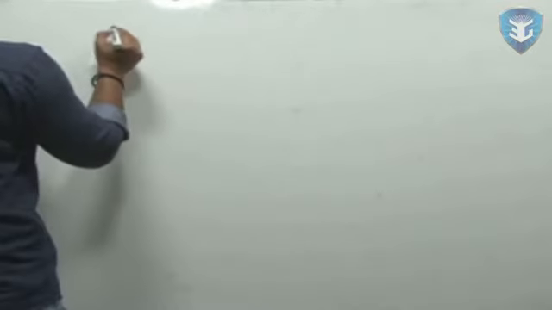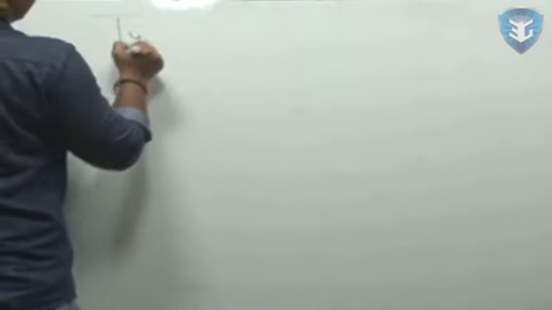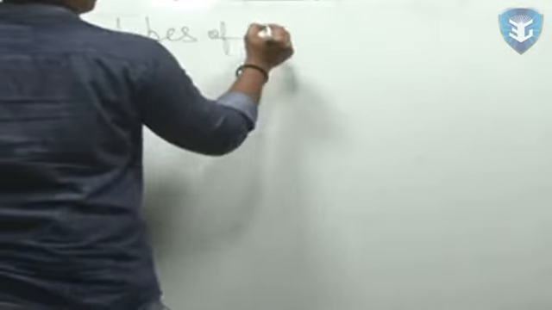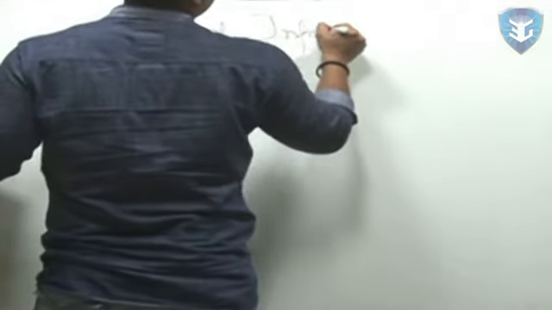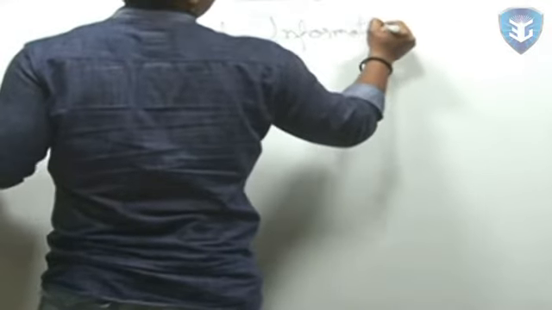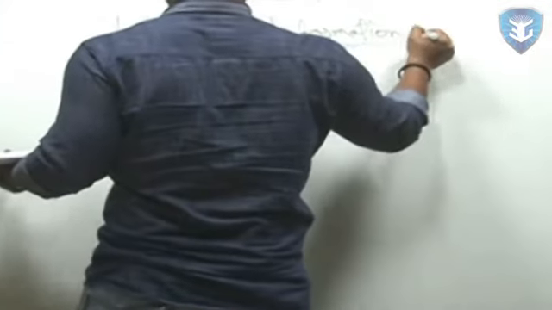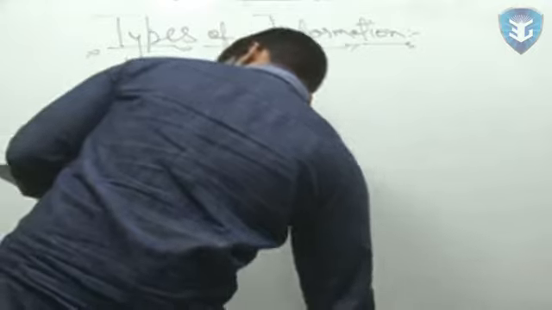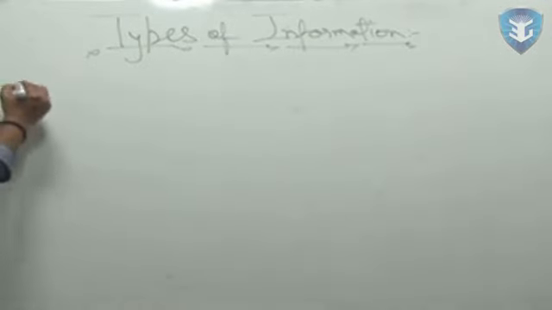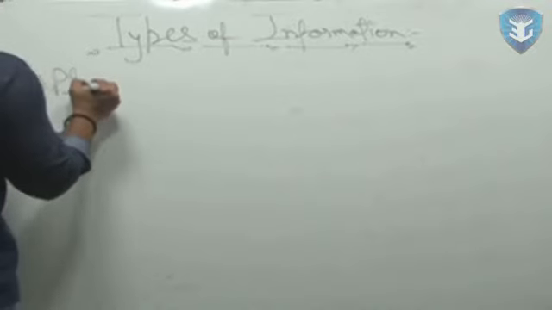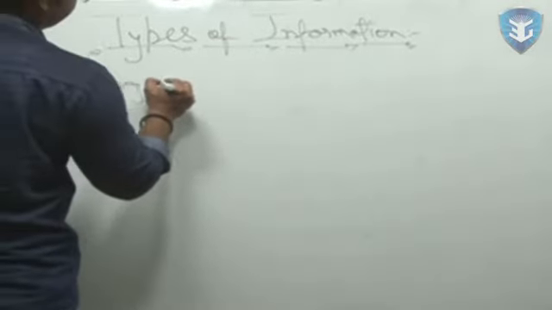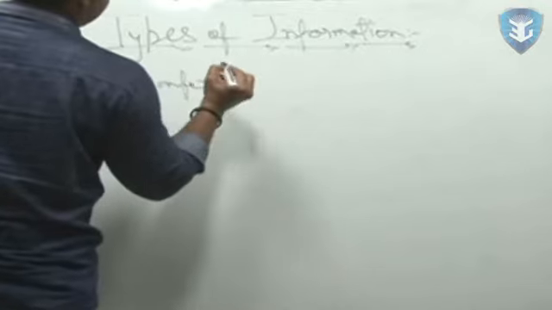Previously, we studied the levels of information regarding time, but now we are going to study the types of information. First one is planning information. The second one is control information.